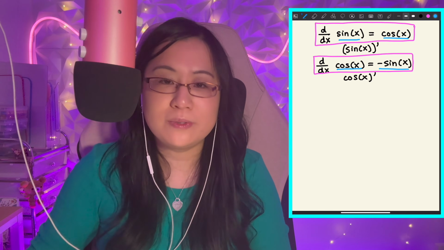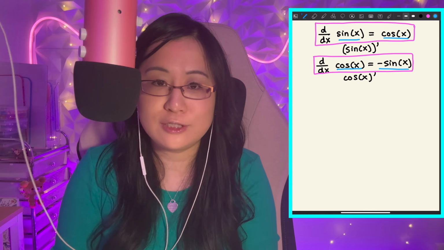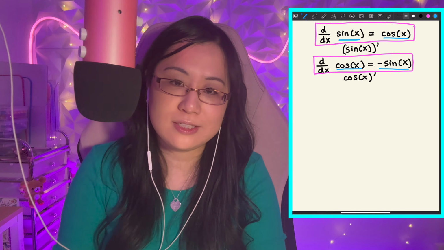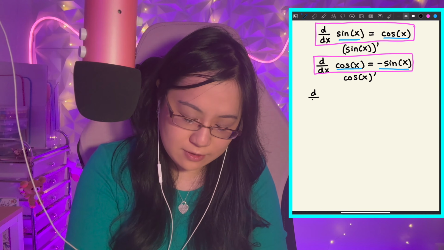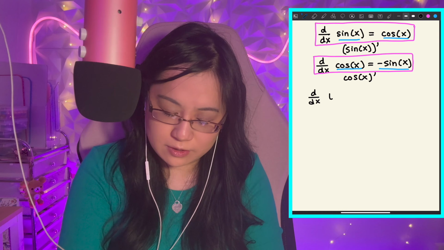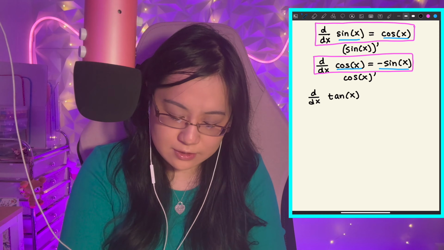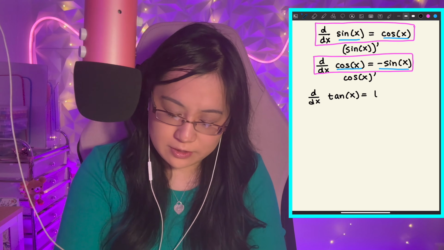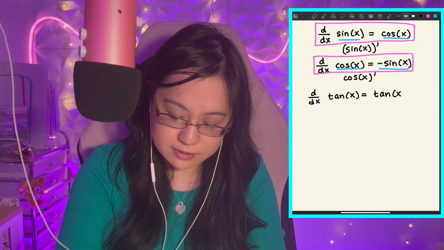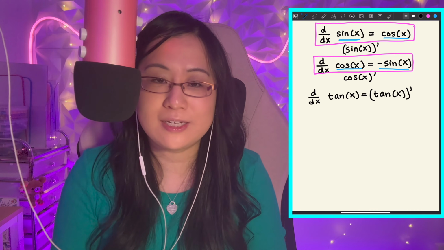Now for our other four trig functions, we are going to write their definitions in terms of sine and cosine and see what happens. So, let's start with the tangent. The derivative of tangent, we can just write tangent prime, just like before, taking the derivative with respect to x.